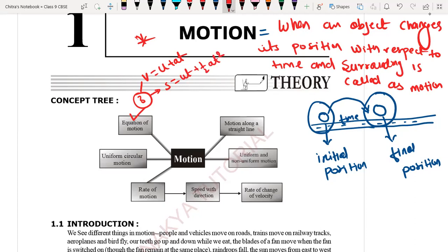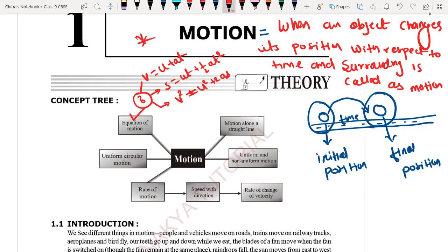This is the second equation of motion. We will derive the first, second, and third equations also. The third equation is V square equals U square plus 2AS. These three equations of motion are very important. You have to learn them by heart, because these equations are going to be used in your higher classes also.